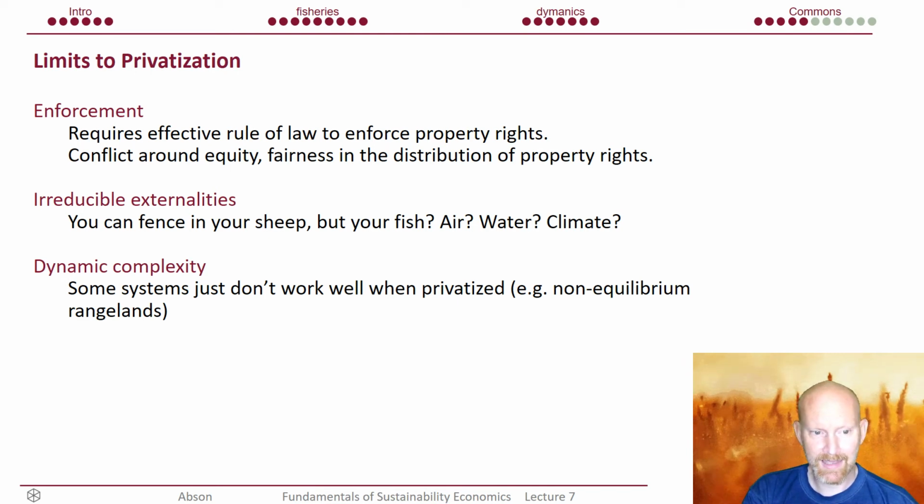So how do you make the air or the atmosphere into a private good which people have ownership of? And then there are some systems where private ownership doesn't work well, such as non-equilibrium rangelands. So maybe I'll just give you a quick example of that.